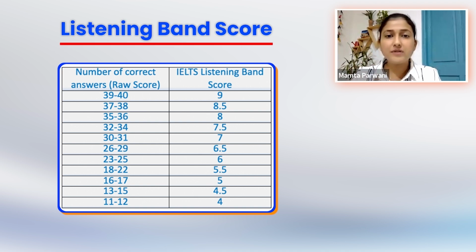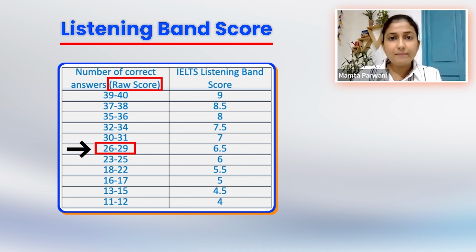As you can see on your screen, on the left hand side, we have raw score. Raw score means, for example, out of 40 questions that you solve, you get, let's say, 27. So you fall under this category, and your score would be 6.5.